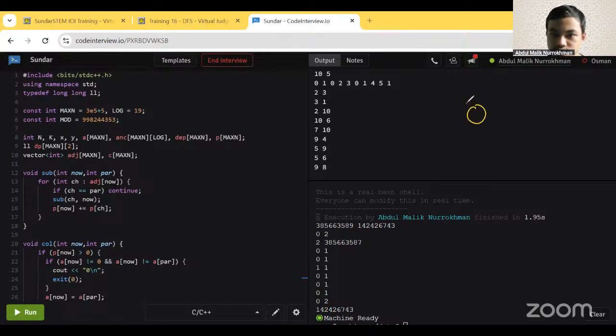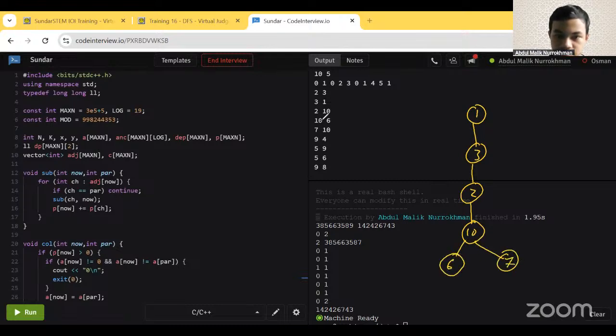So this is node 1, 1 connected with 3, 3 connected with 2, and then 2 connected with 10, 10 connected with 6 and 7, 6 connected with 5, 5 connected with 9, 9 connected with 4 and 8.